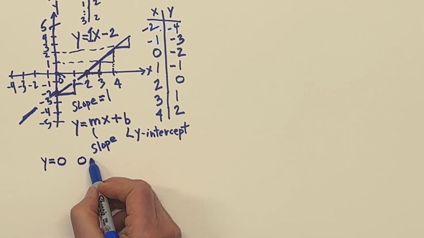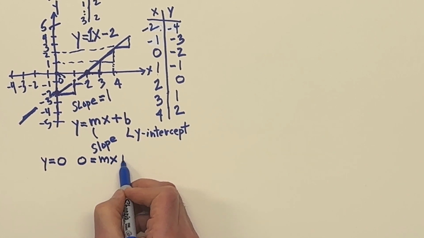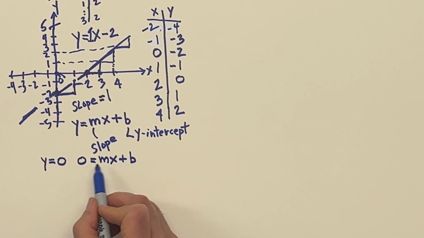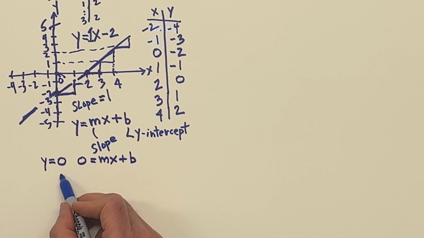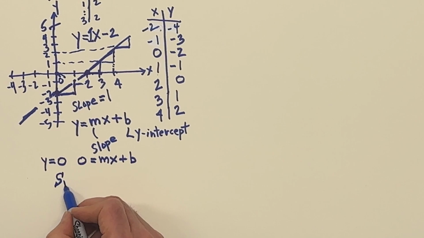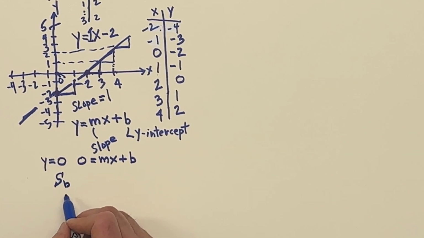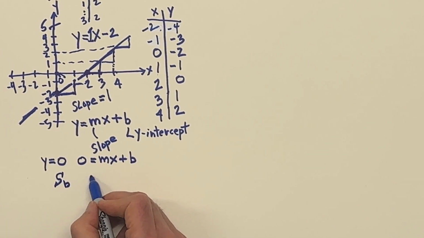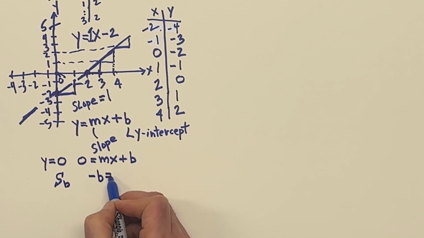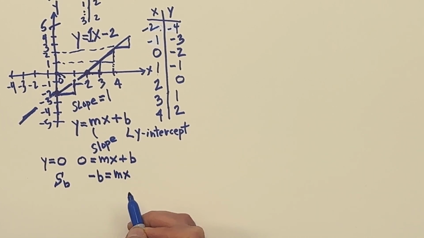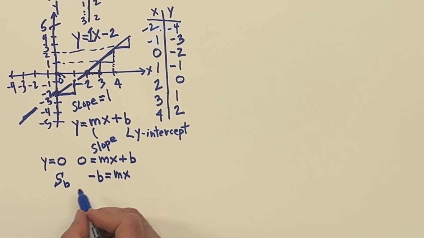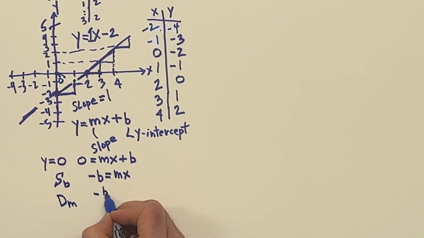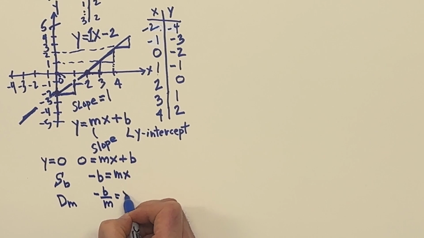Watch this neat thing. 0 is mx plus b, and then you would subtract b from both sides of the equation. In the old days in high school, we used to have a little shorthand to say subtract b, or subtract 2, or subtract 3, in this case b from both sides of the equation. Then you would get minus b is equal to mx, and then to get the x by itself, the solution, you would divide both sides by m, and that would be minus b over m is equal to x.